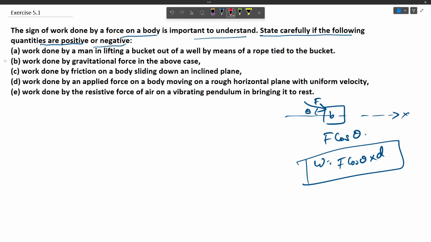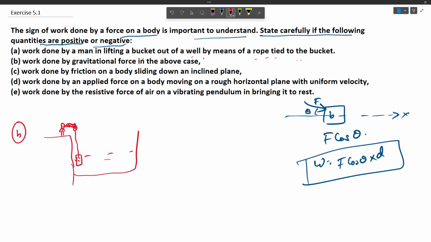In the first case, we have work done by the man lifting a bucket out of the well by means of a rope tied to the bucket. The case is like this. Let us assume that this is the well, and here there is a man, and he is pulling the bucket that is filled with water.